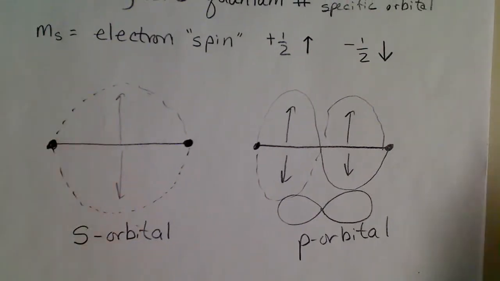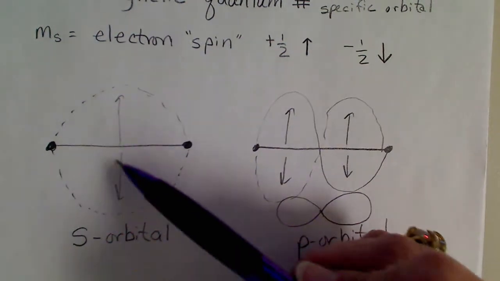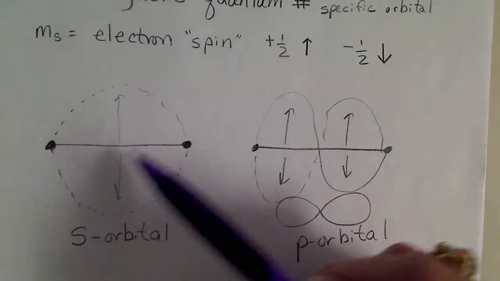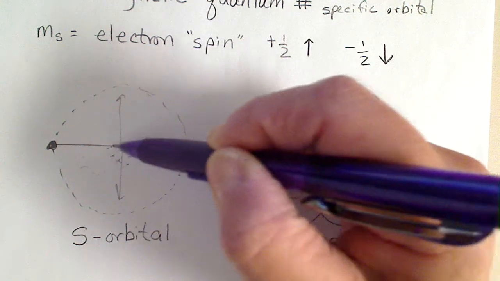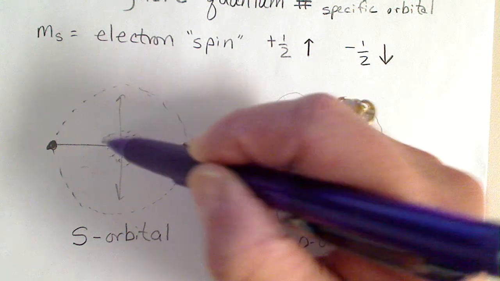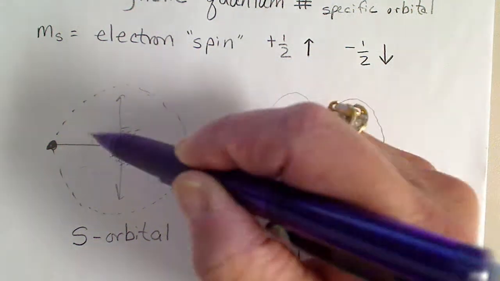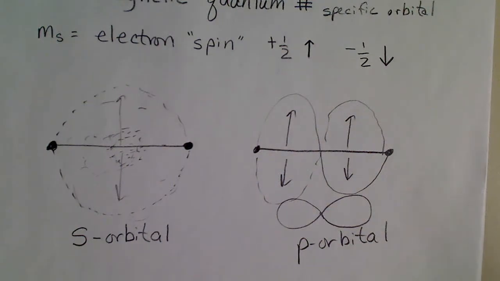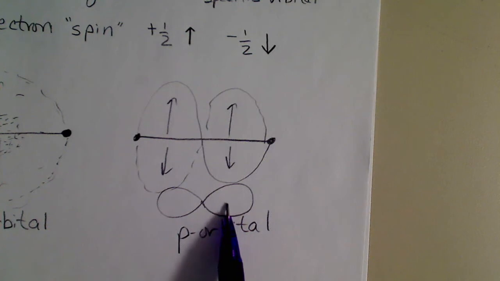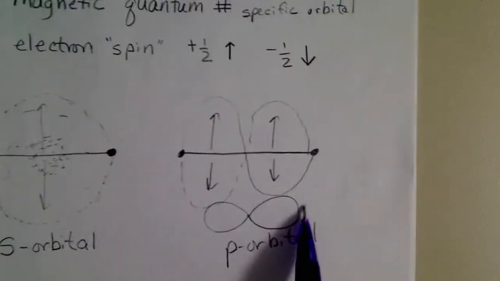An s orbital is spherically shaped, and if we square the wave function, this is really the probability of finding an electron in this region. If you have a textbook, it probably shows a whole bunch of dots, very dense, and then getting less and less dense as we go out. The p orbital, we draw it like this.